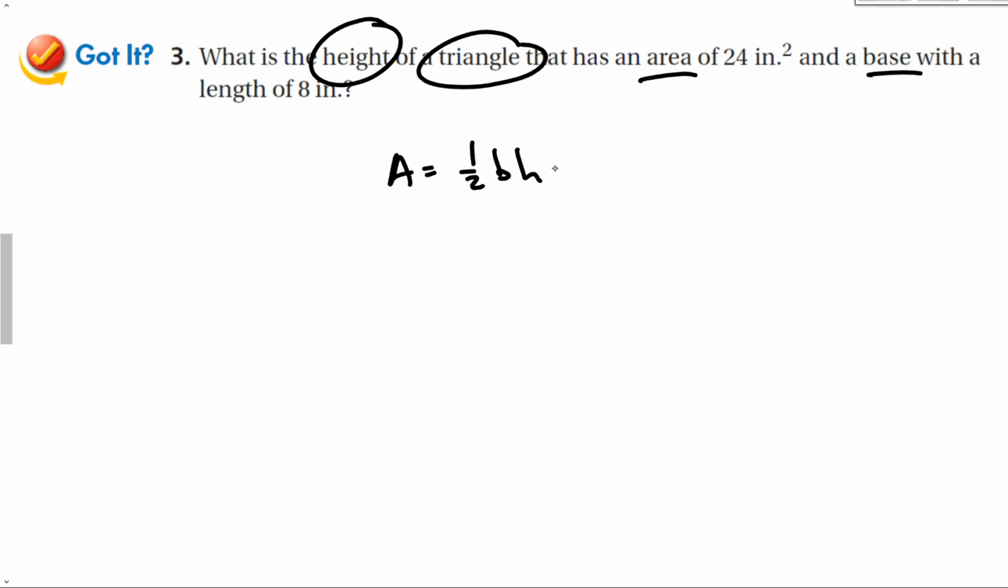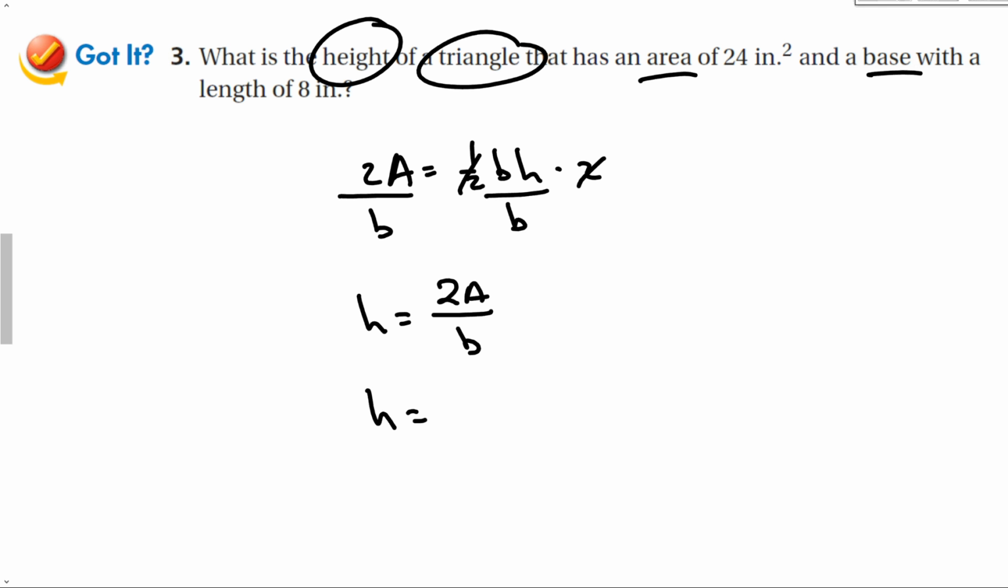So I could multiply both sides by 2. That'll cancel this 1/2. Divide by the base, and so the height is equal to 2 times the area over the base. So the height is going to be equal to 2 times 24 over 8. So 2 times 24 gives me a height of 6 inches.